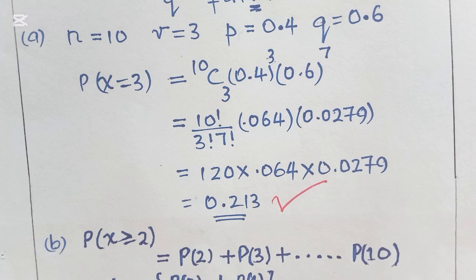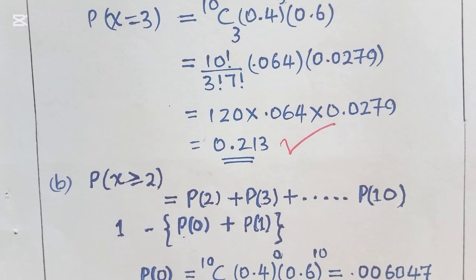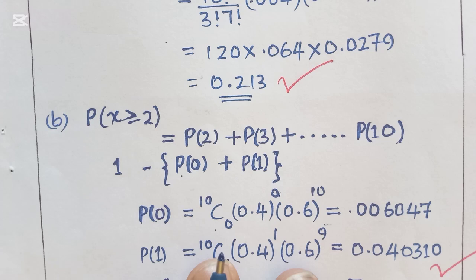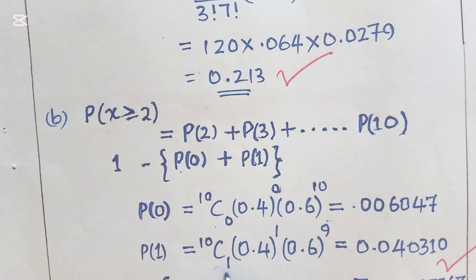This is how you do it: 0.4 for defective, 0 resistors defective, 10 resistors in good condition. When you do that, you get that. Now the probability that 1 resistor is defective, this is what you get.